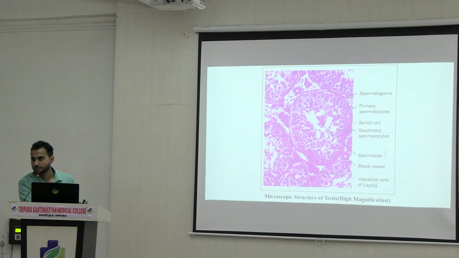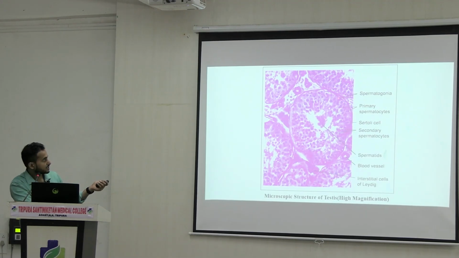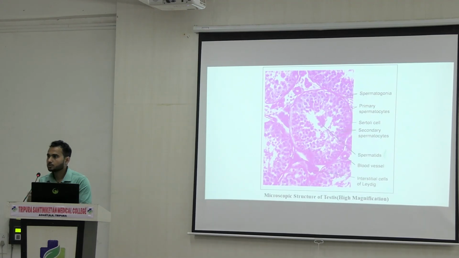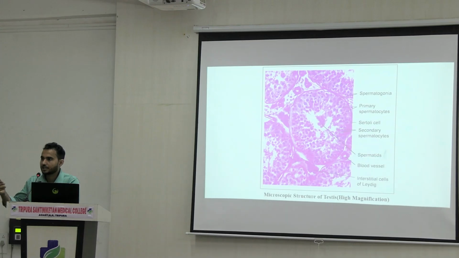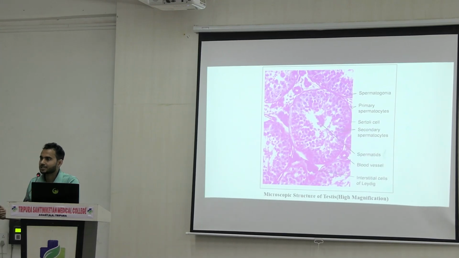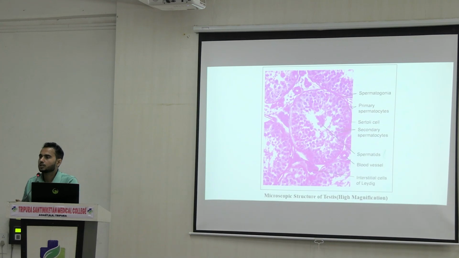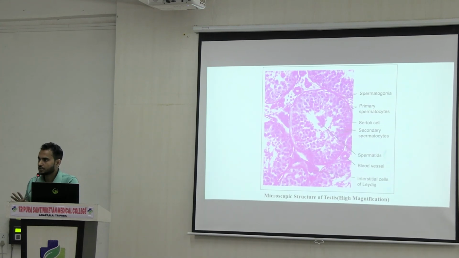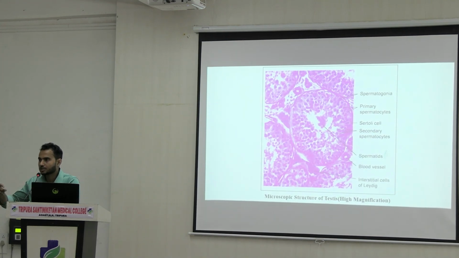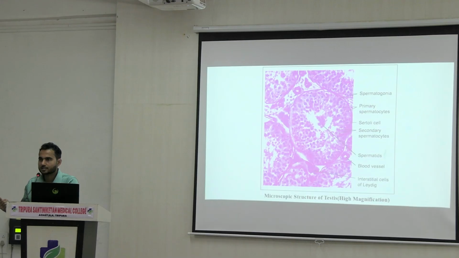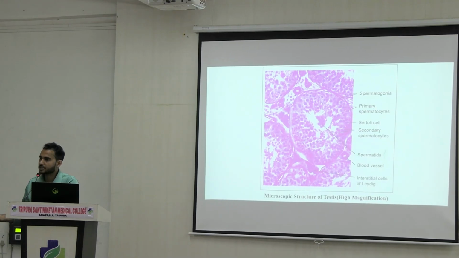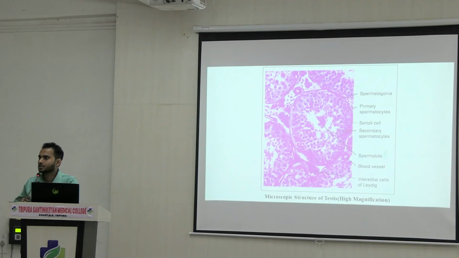You can see the secondary spermatocyte, you can see the spermatogonia. The immature cells will be present at the basal part. As they become mature, they go towards the lumen. Is it clear? So the Sertoli cells and the immature cells will be present at the basal part. Once they get mature, they go towards the lumen. As simple as that.